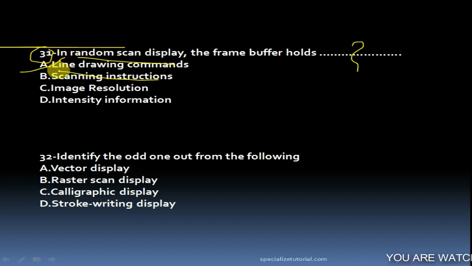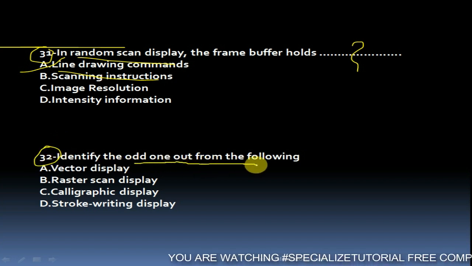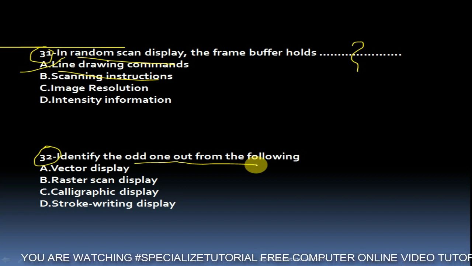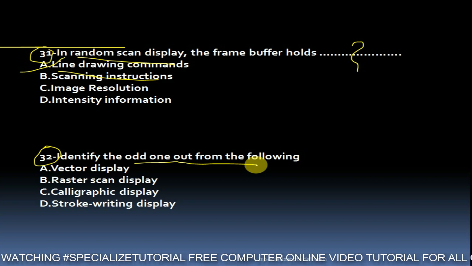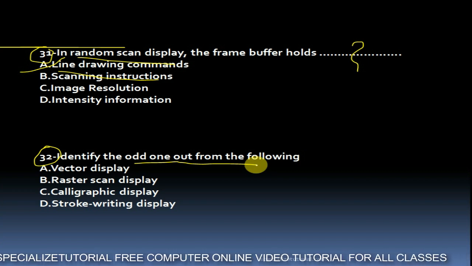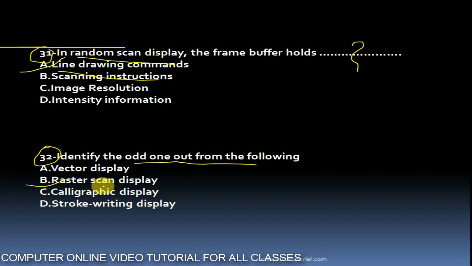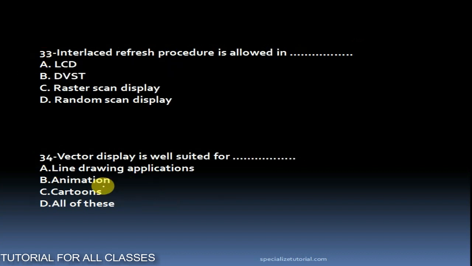Okay, now take the next question. Identify the odd one out from the following. Okay, vector display, raster scan display, calligraphic display, and stroke writing display. So here it is B, raster scan display.